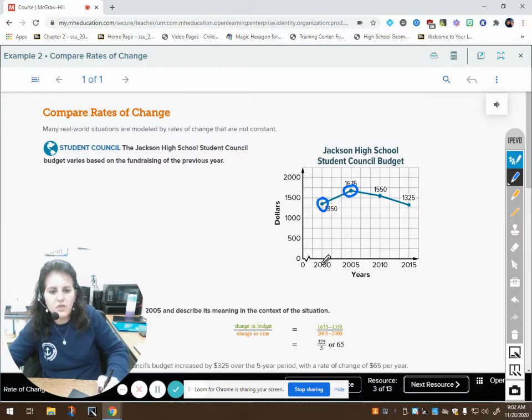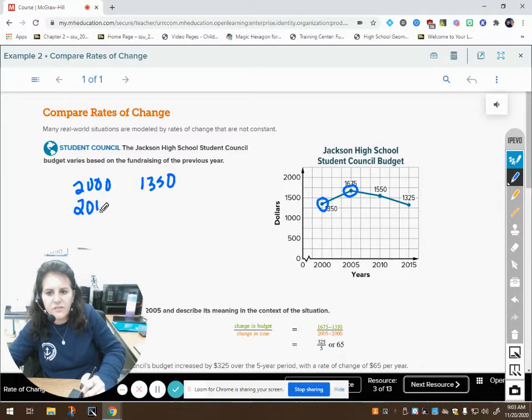So what I'm going to do first is write down the coordinates of these points. 2000, comma, 1,350. And then the other one was when it was up to 2005, the amount was $1,675.